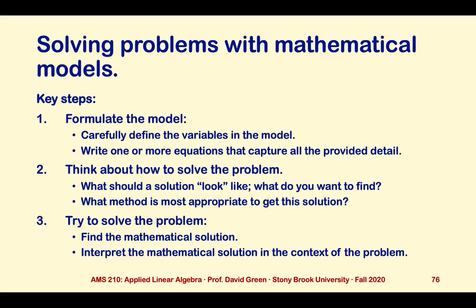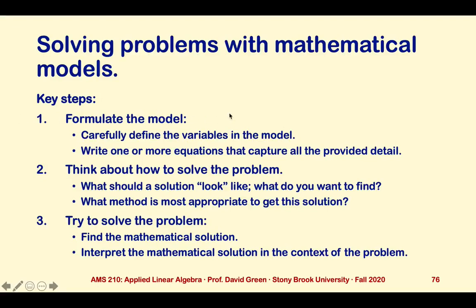I'd like to first of all start off with a framework of how we solve problems with mathematical models and what the basic steps are. We can break down solving these kinds of problems into three primary steps.